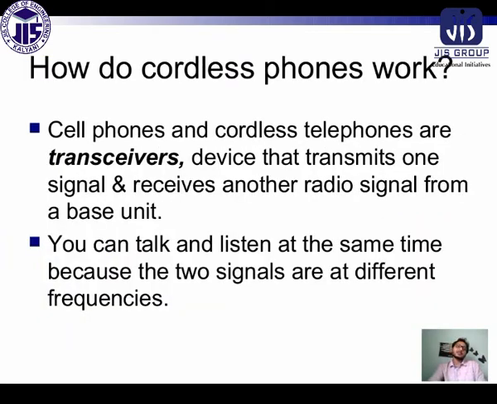In detail, it's given over here that cell phones and cordless telephones are transceivers, devices that transmit one signal and receive another radio signal from the base units, and you can talk and listen at the same time because the two signals are at different frequencies, right? So whatever you are talking and whatever you are listening to are at different frequencies.